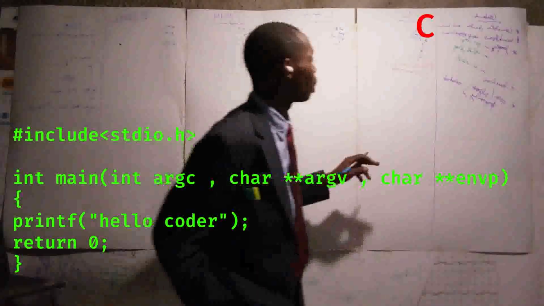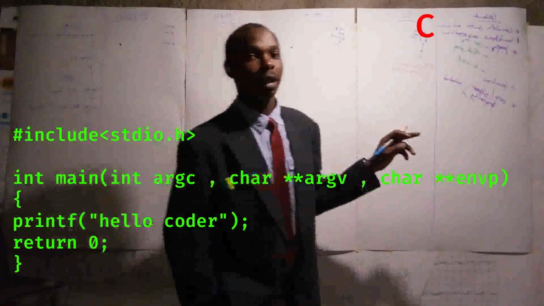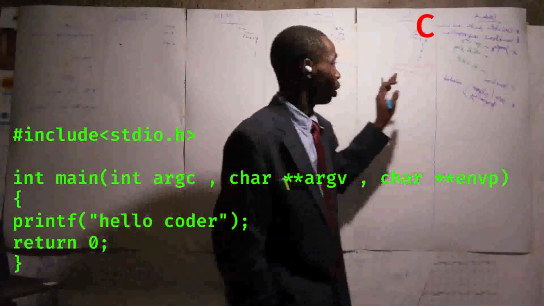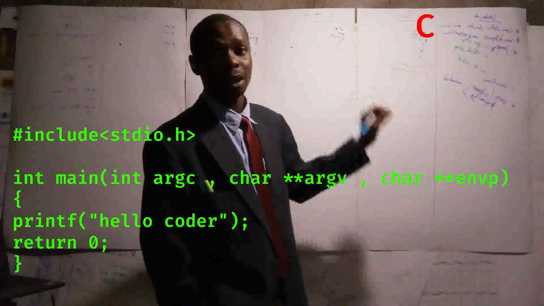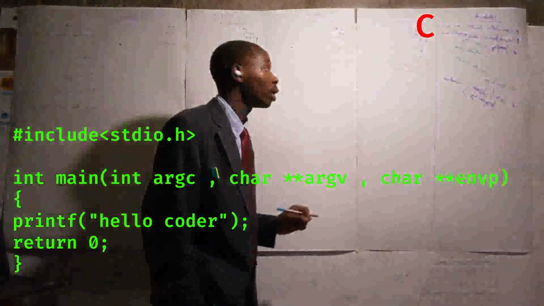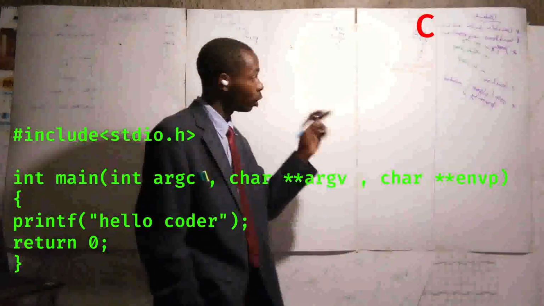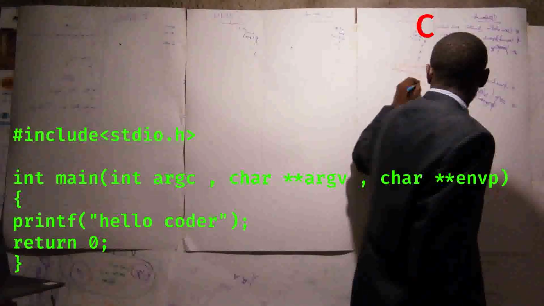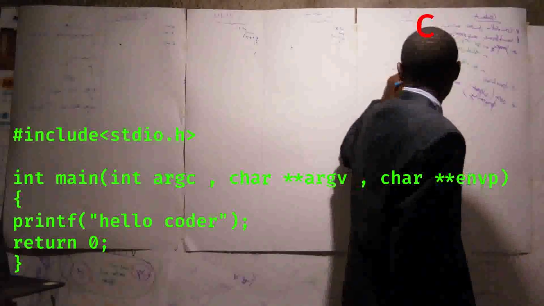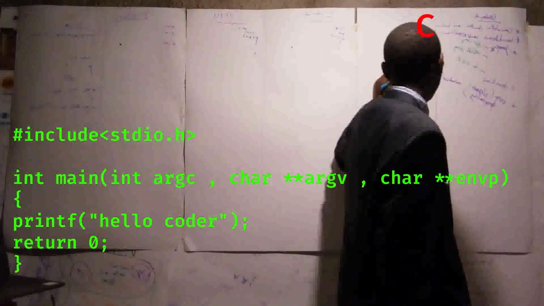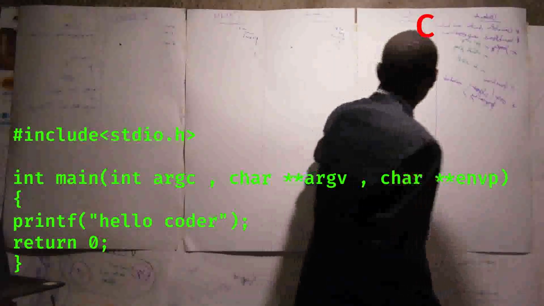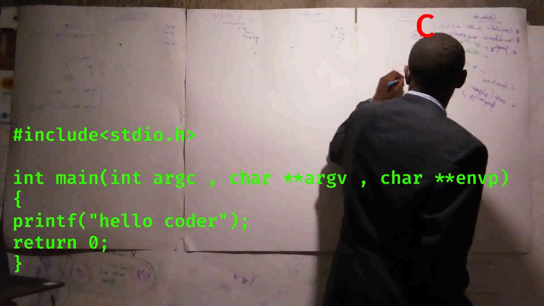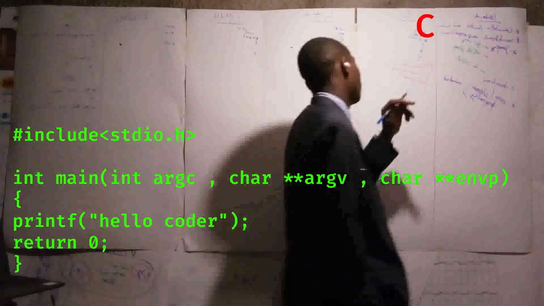So how can you output text or numbers on the screen, on our console screen in C? You call the printf function. The printf function can do this job for us. Printf, parentheses. If you want to print a string, you write double quotes, hello C code, and then close the parentheses.